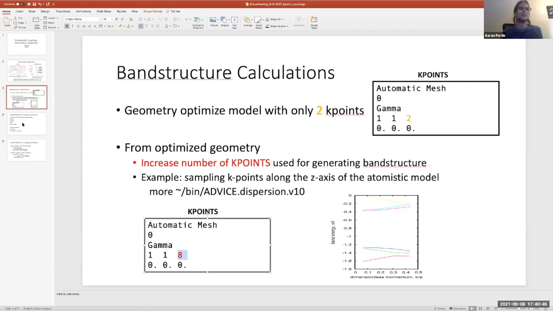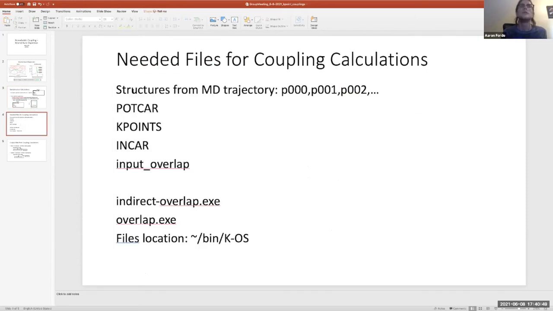So once you figure out how many K points you want to run, you do all the same machinery that's been described by Amir, Yule, and David. You get your structures from the MD directory, so all your position files, POSCAR, the KPOINTS, INCAR, and input overlap.